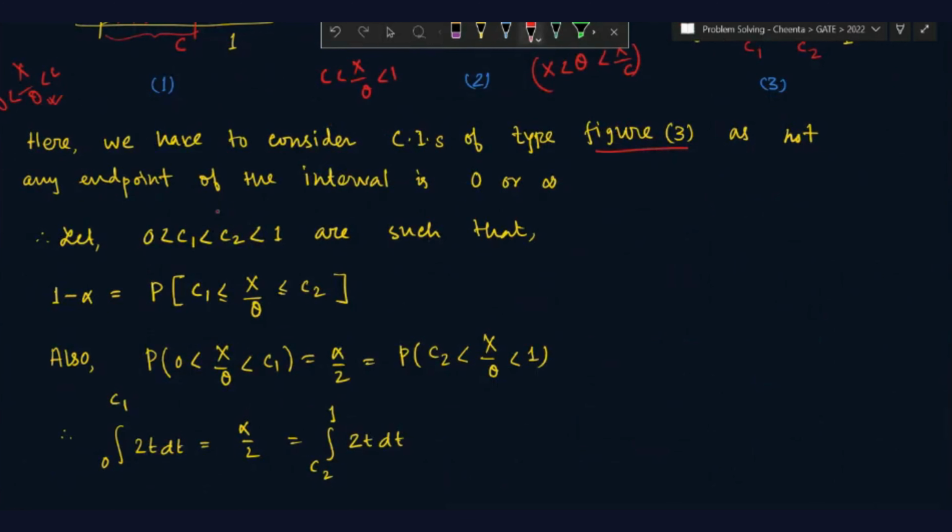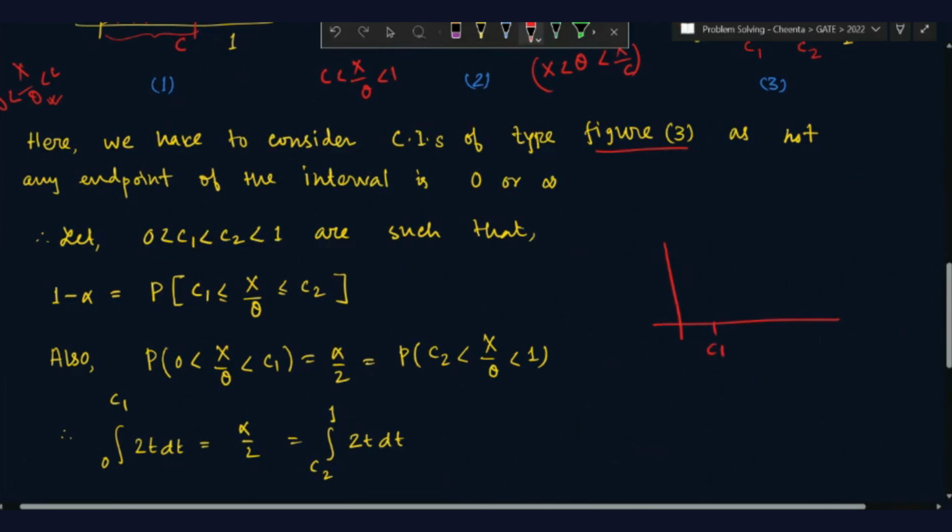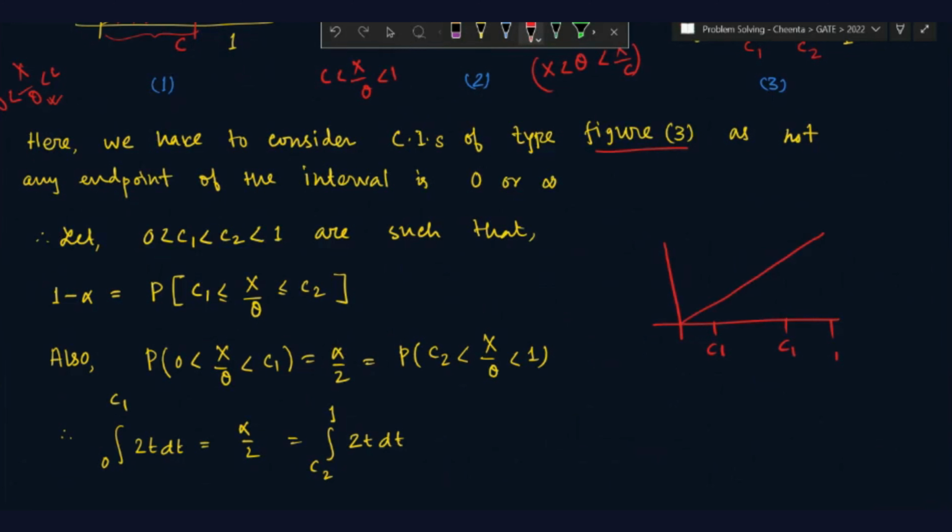So let c1, c2 be such that the probability of x by theta lying between c1 and c2 is 1 minus alpha. So we get the drawing as this. This is c1, this is c2, this is 1. So the PDF is this. So this is the interval. Now this area is 1 minus alpha.